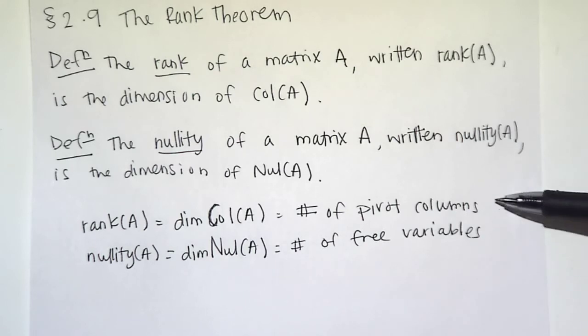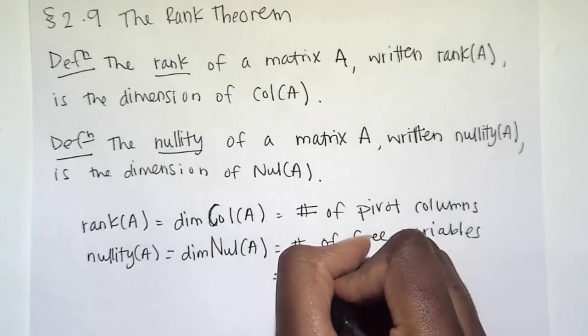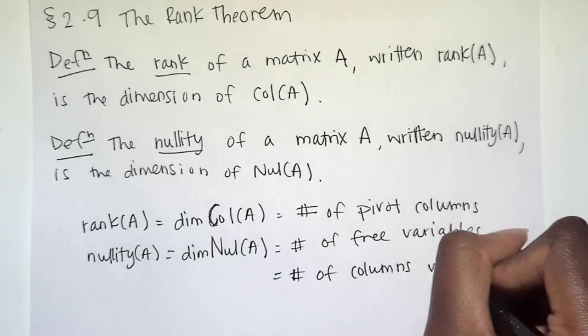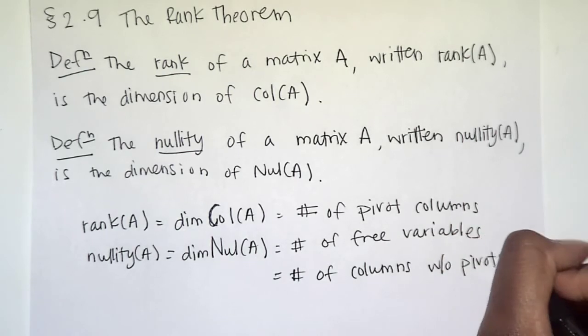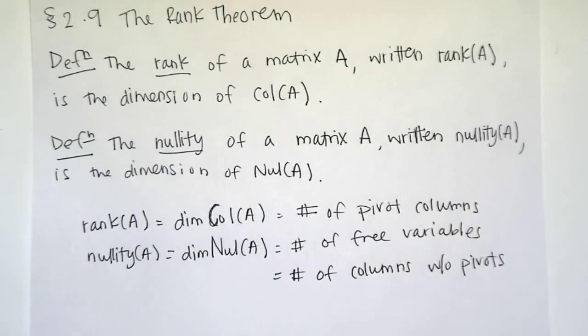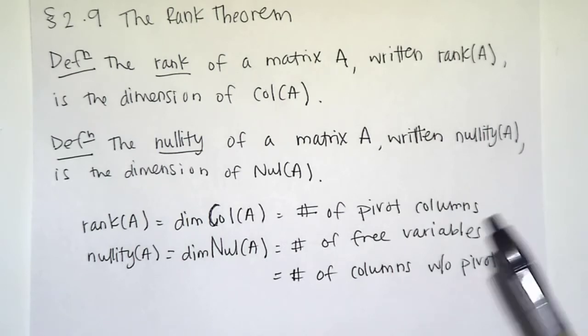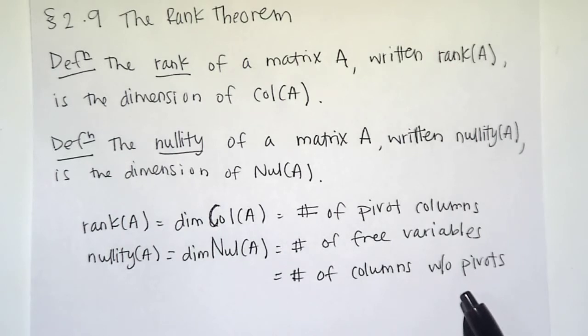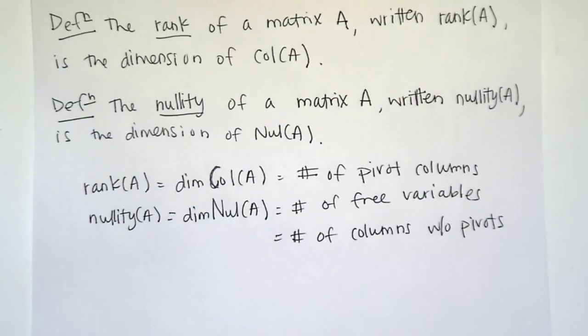Also, opposite of this, the number of columns without pivots. So as you can see, the rank and nullity are very much related to each other. So the rank is the number of pivot columns, and the nullity is the number of columns without pivots. So when you put them together, you get all of A, like the dimensions of A. All right, so that's basically what our rank theorem says.